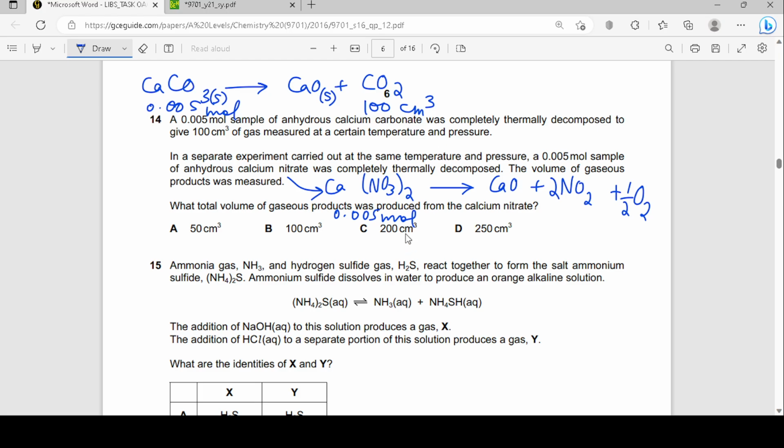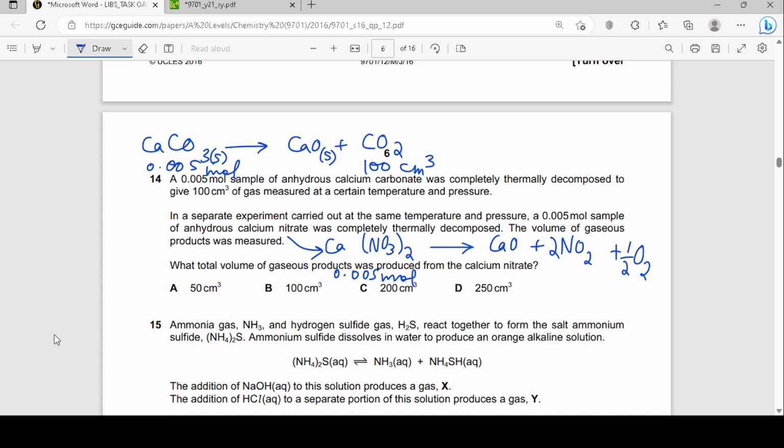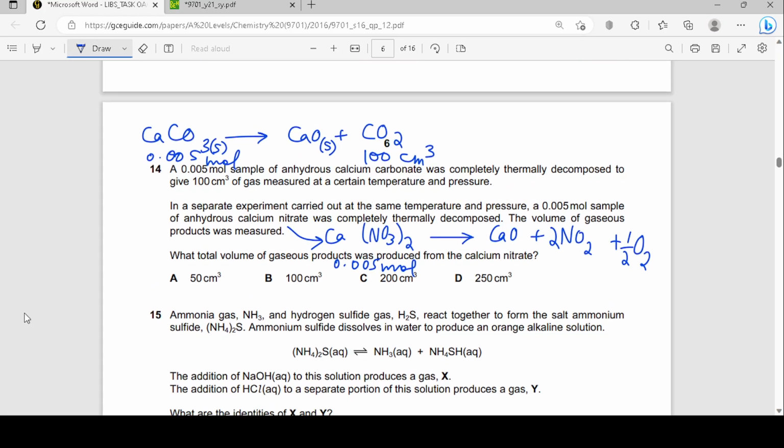But that's at room temperature and pressure, and they said at a certain temperature and pressure, we don't really know what that is. So the gas won't be occupying a volume of 24.0 cubic decimeters, but 1 mole of a gas will be occupying a certain volume. It's known as molar volume. So n equals V over, we usually say 24.0, but that's at room temperature. So actually, we don't know the molar volume here.